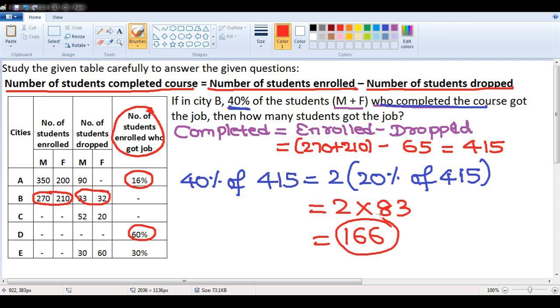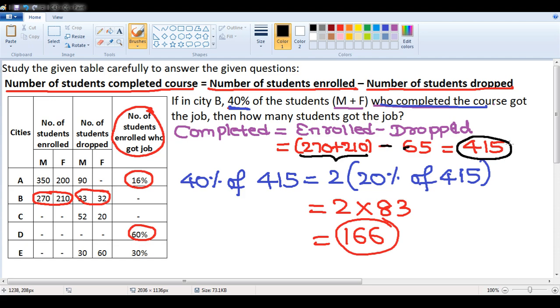Second question. Why should we subtract 55, Vijit? We should subtract 65, right? How many students have completed in city B? Out of 480, 65 have dropped.